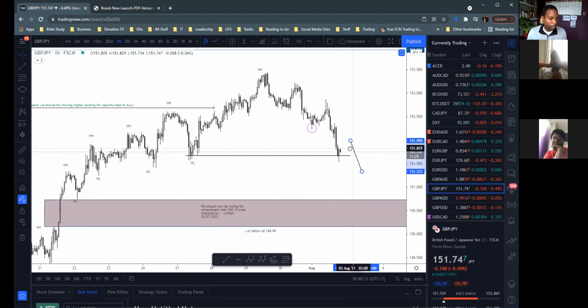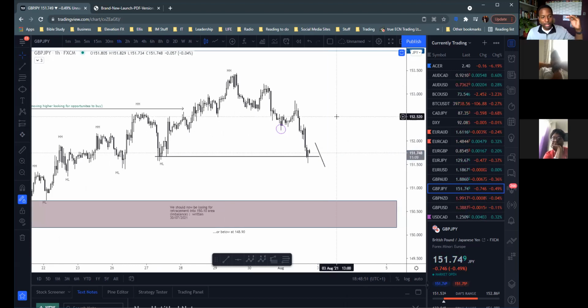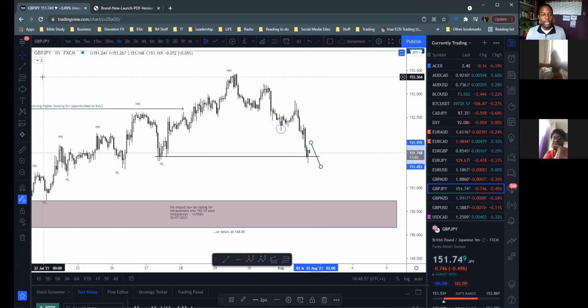However, at the point where I see the market close below this higher low, then I say to myself, I need to get out of this trade. How do I get out? I don't get out with panic. What I know is that the market rarely goes in one direction. So I'm going to wait for the retracement. I'm going to realize, okay, I'm in trouble.